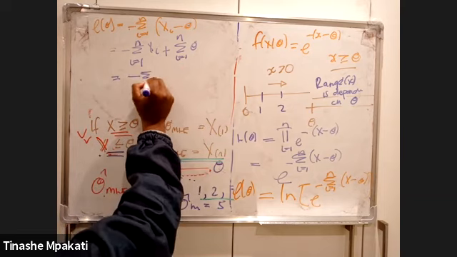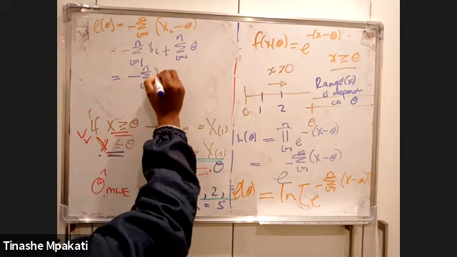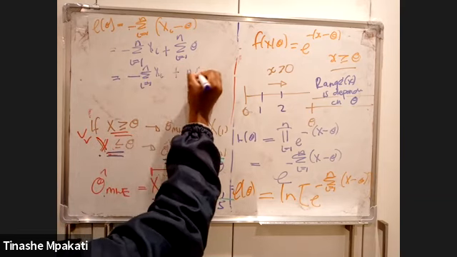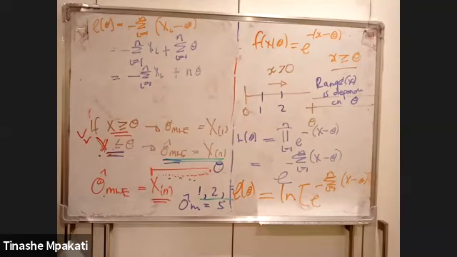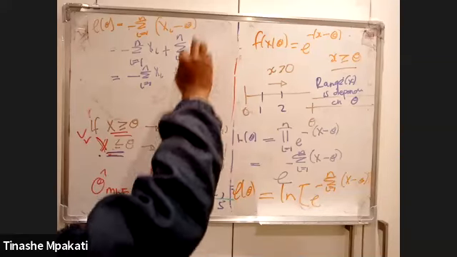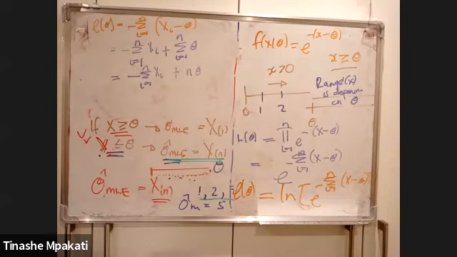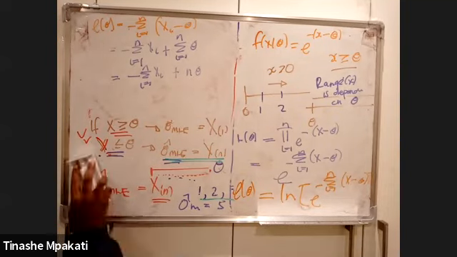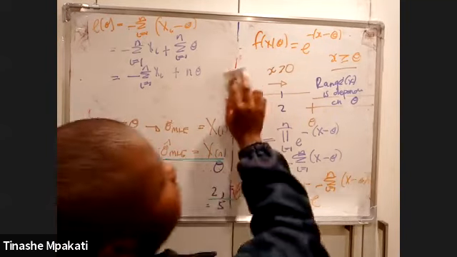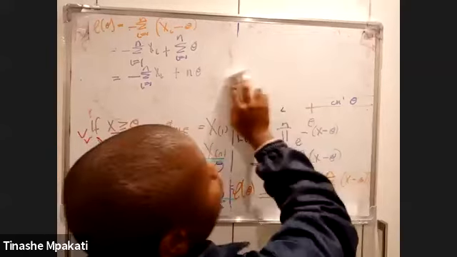This is just my negative summation of xi, but this becomes n theta. Why? Because nothing is really dependent on i there. There's nothing with an i subscript, so it's just like theta plus theta n times, which is the same thing there.